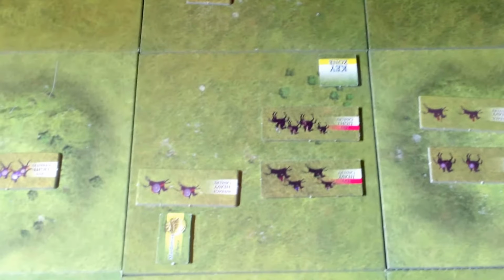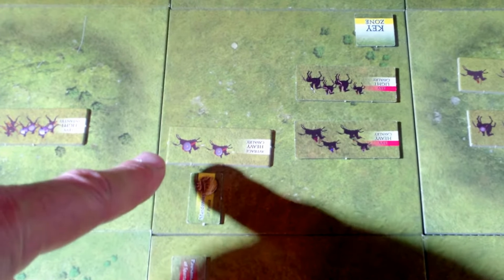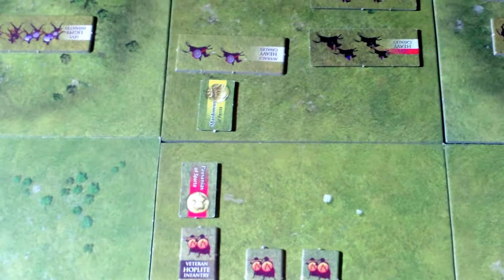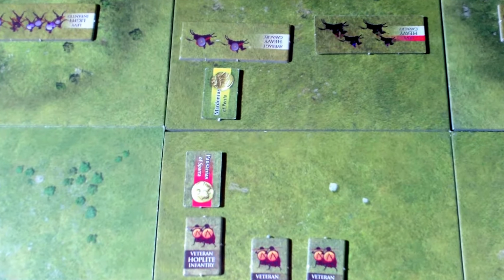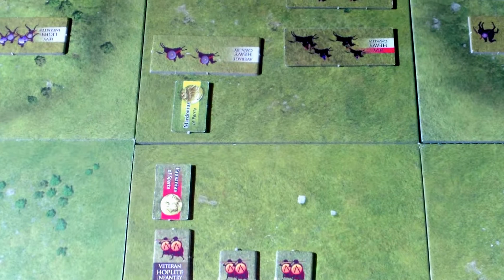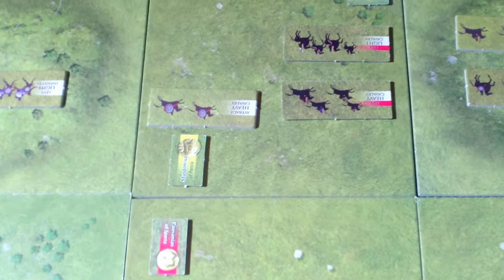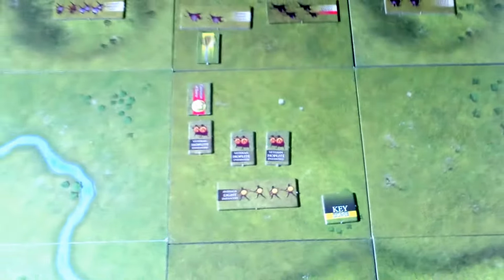Now I'm not sure if it's a great idea, because they've left and they also used their leader to battle back against the Greek leader. So both leaders decided that they were going to just try and take the initiative early and get stuck in. So both leaders are in the lead there, which does expose them somewhat. And their attacks from this tile failed to inflict any damage on the hoplites.